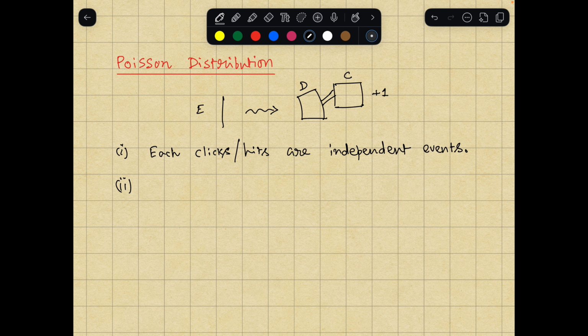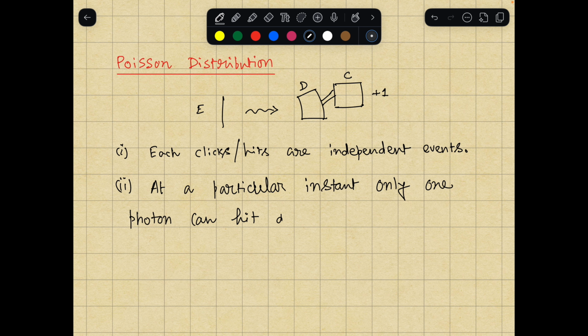So at a particular instant only one photon can hit the detector.